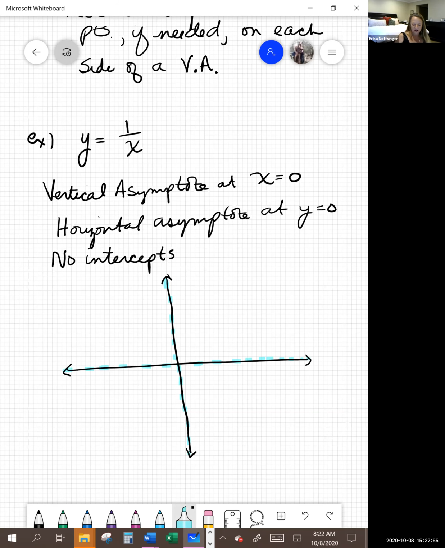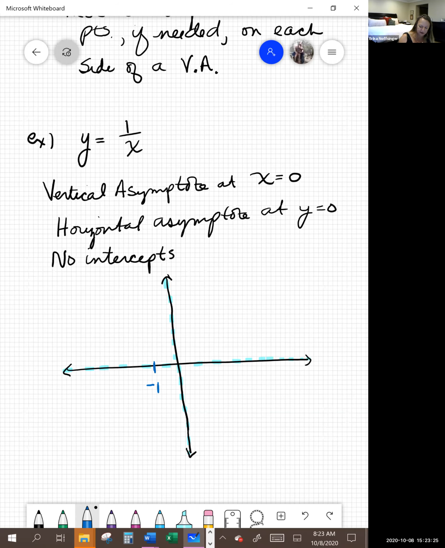So I know the graph is going to be hugging this line as I get closer and closer to x equals 0. And I know as x is going to positive or negative infinity, that's going to be hugging the x-axis. And so I just need to plot a couple points to see what's going on. Let's plot a couple points on the left-hand side of this vertical asymptote. If we plugged in -1, where I see an x here, I get 1 over -1.